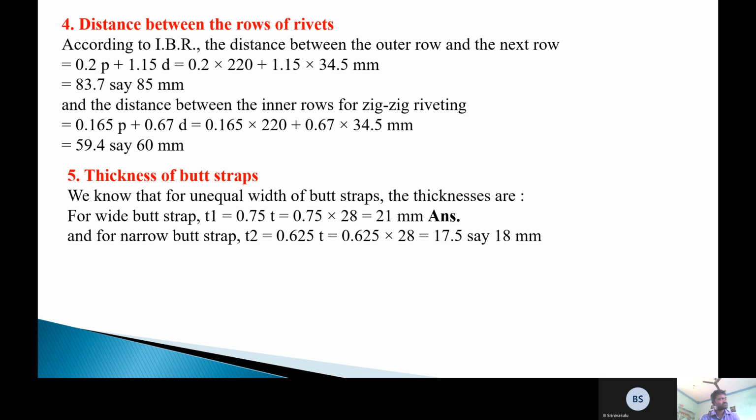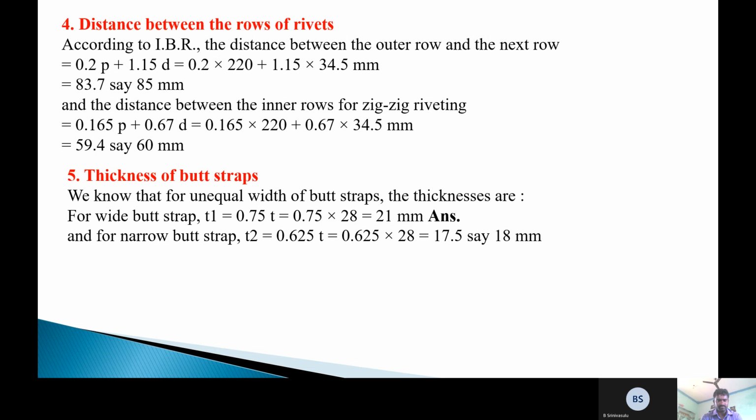Next, the distance between the rows of the rivets equal to 0.2 P plus 1.15 D, that equal to 83.7, that is about 85 mm. Next, the distance between the inner rows for jig riveting, 0.165 P plus 0.67 D, that equal to 60.